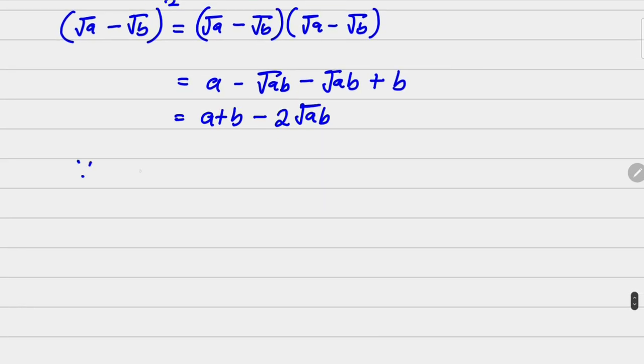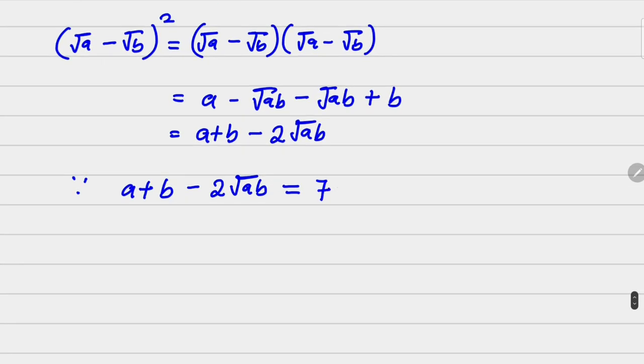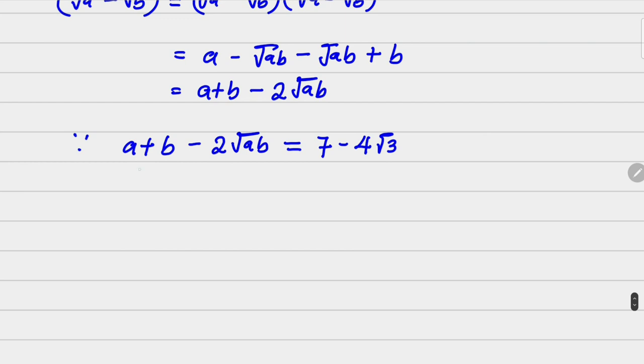Now, it therefore means that a plus b minus 2 root of ab is now equal to 7 minus 4 root 3. Now, comparing terms, we can see that a plus b is equal to 7.